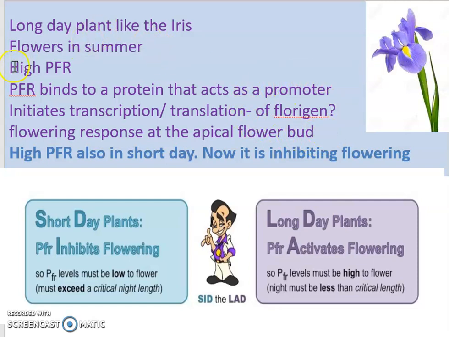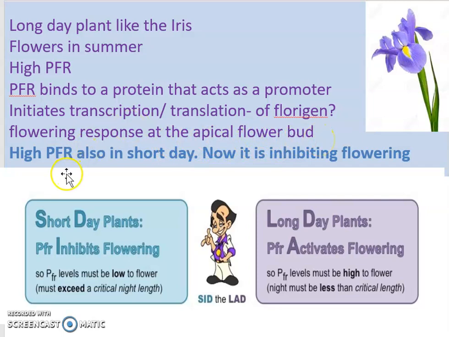But we need to bear in mind that we've got high phytochrome far red being produced in the summertime in the leaf. So within the leaf, something needs to happen to create a protein which acts as some kind of promoter for florigen, and then the florigen or otherwise needs to be translocated to the apical part of the flower, and the flower then starts to develop.